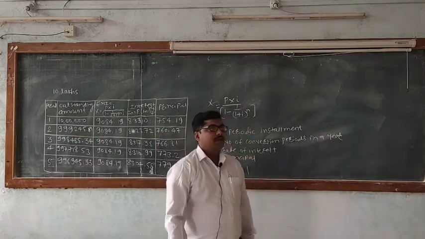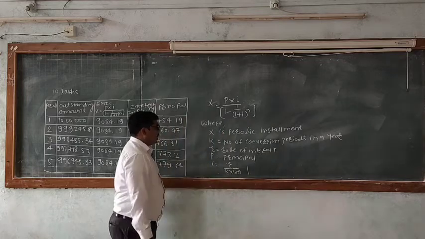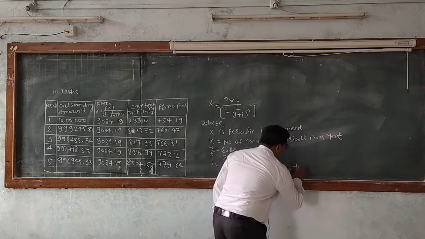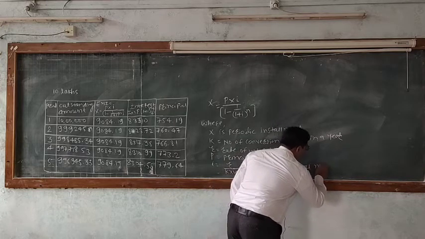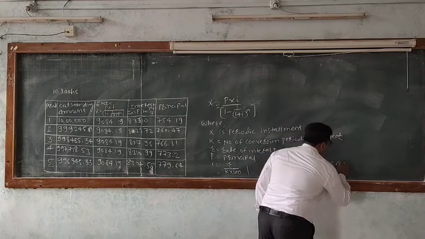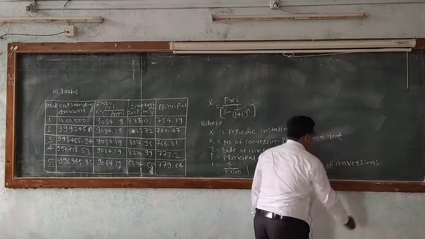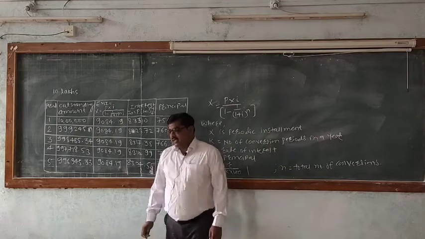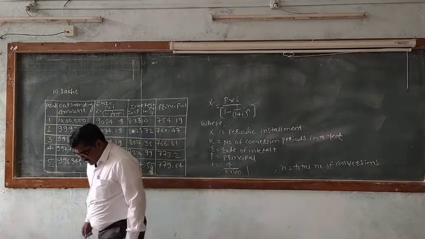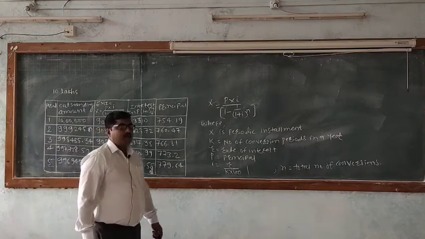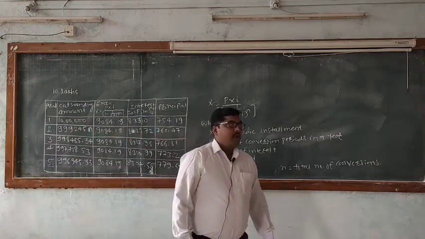And N is the total number of conversions. Right. So these are the terms which are included in the formula.